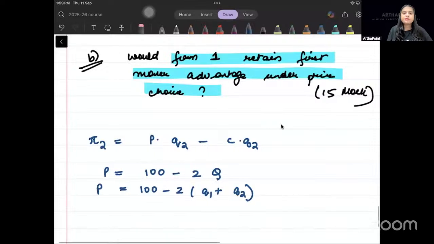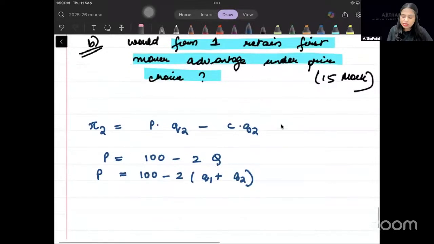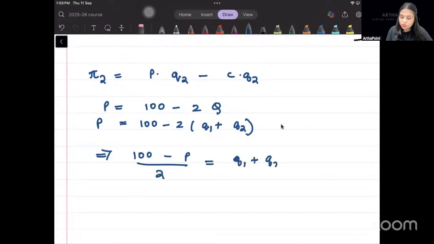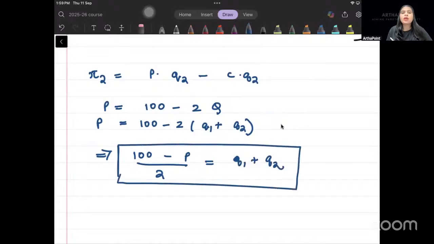This is your P. Okay, so we know from here that 100 minus P by 2 will be Q1 plus Q2. 100 minus P by 2 will be Q1 plus Q2, right?